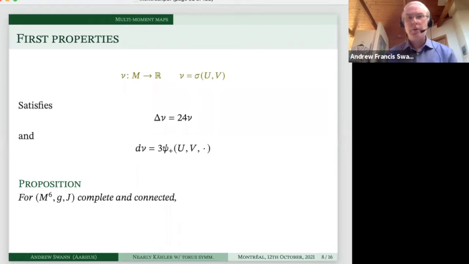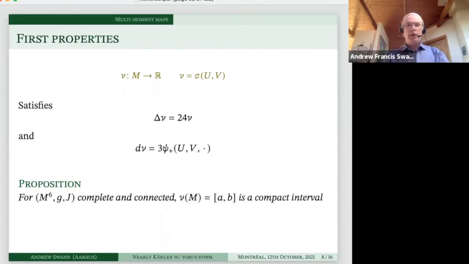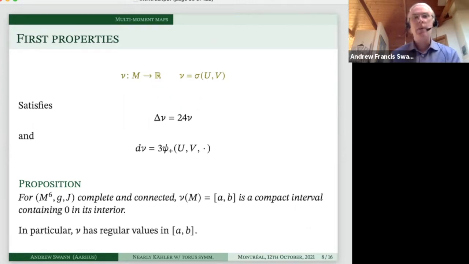So the fact it's an eigenfunction for the Laplacian actually has a nice consequence. It tells you immediately in the compact situation, the average value is going to be 0. If we have a compact manifold, then this is a continuous map, so the image has to be a compact interval. But you actually get that 0 lies in the interior of this interval.